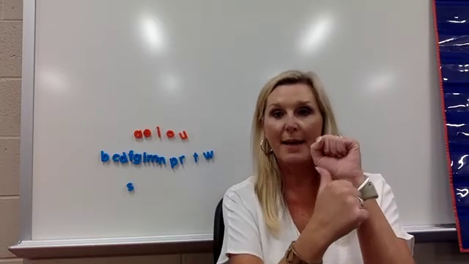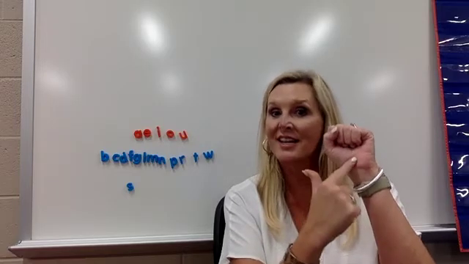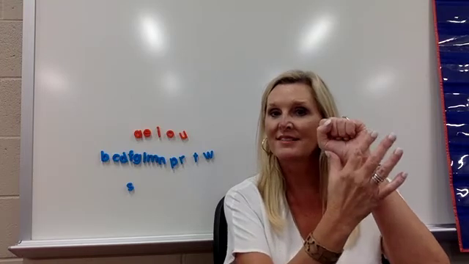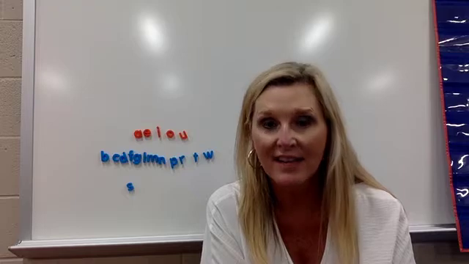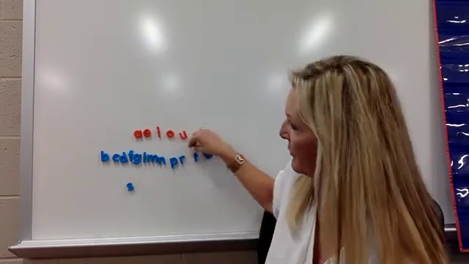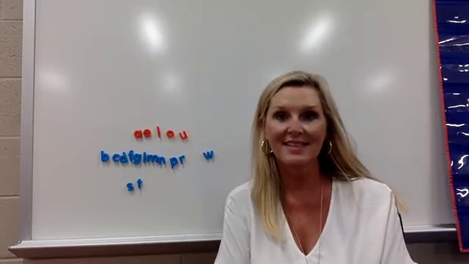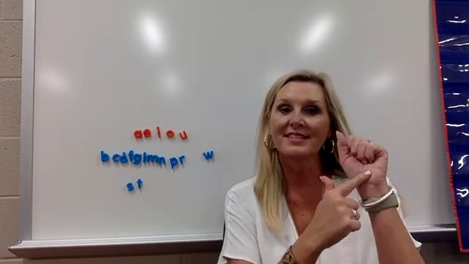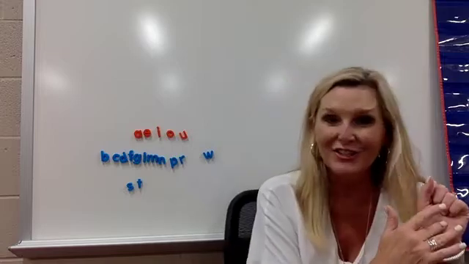Okay, let's tap it and see what the second sound is. S, t. What was the second sound? S, t. I heard the T sound, and I know that T is spelled with letter T. Good job. So I have S T. I need to think about that third sound.